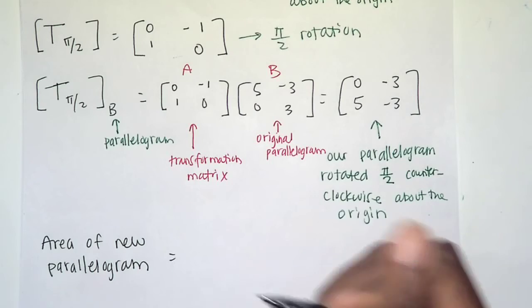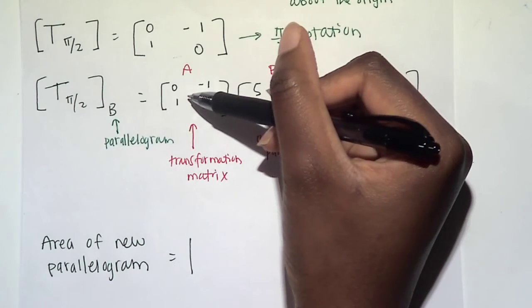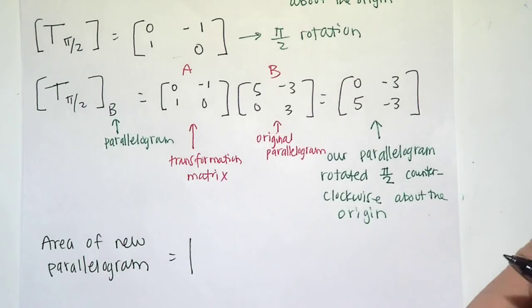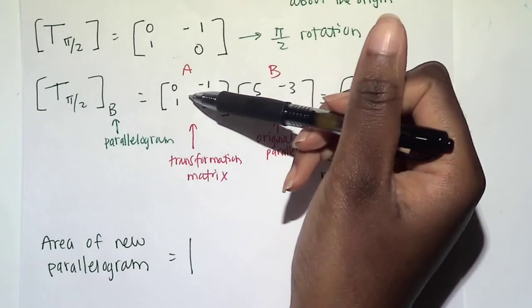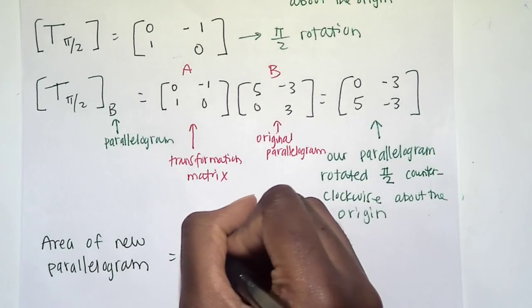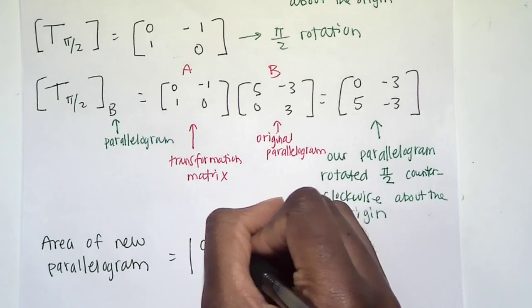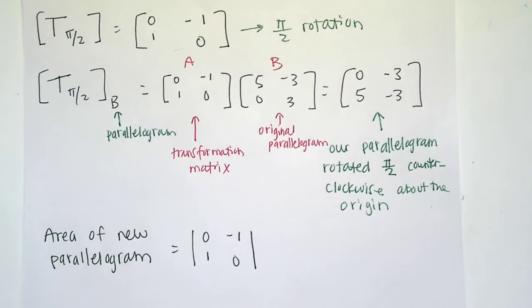All right, to do that, I would take the absolute value of the determinant of this thing. So I'm just going to do 0, 1, -1, 0.